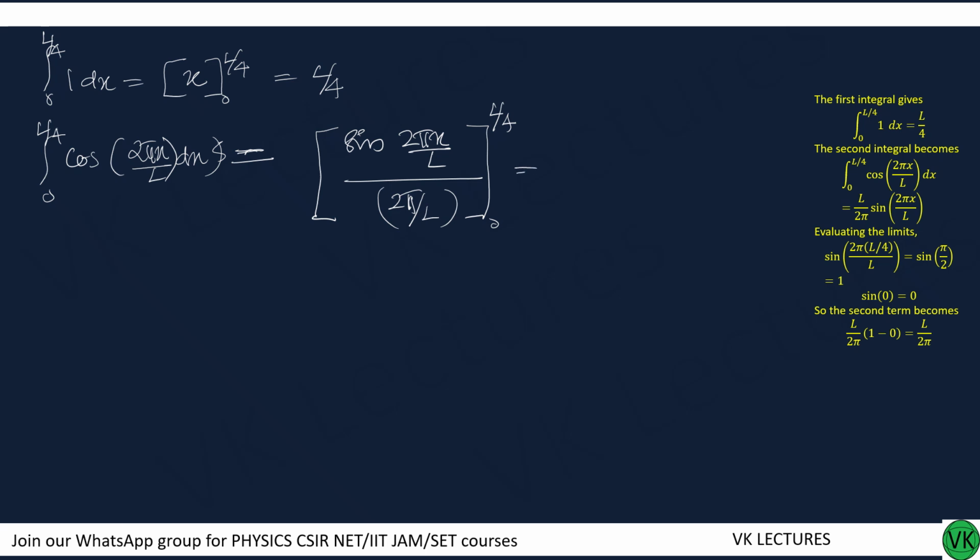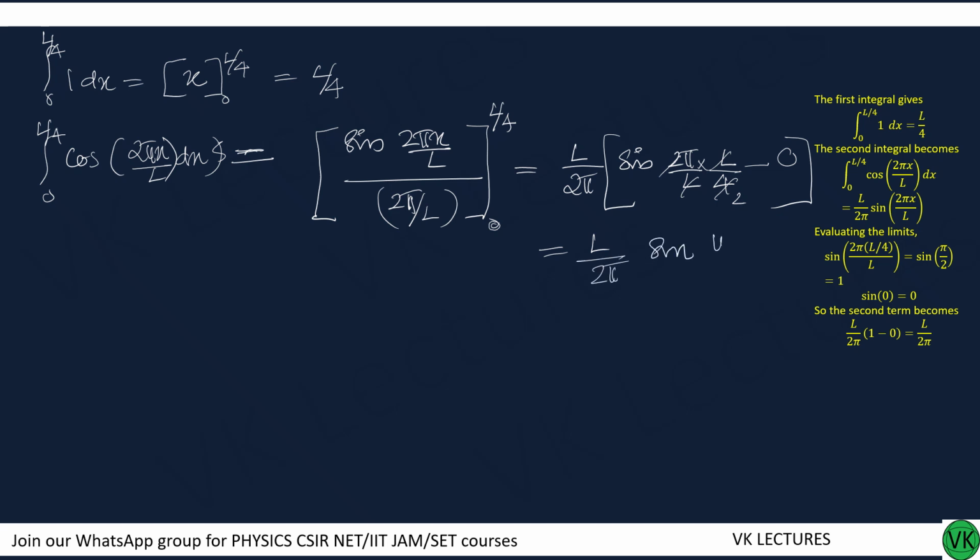It can be written as L by 2 pi sine 2 pi by L, giving the upper limit, so instead of x it will be L by 4, minus the lower limit. Substituting the lower limit 0, sine 0 will be 0. The L and L get cancelled, and 2 and 4 remaining will be 2. So it will be L by 2 pi sine pi by 2. Sine pi by 2 is 1 only, so the integral value is L by 2 pi.